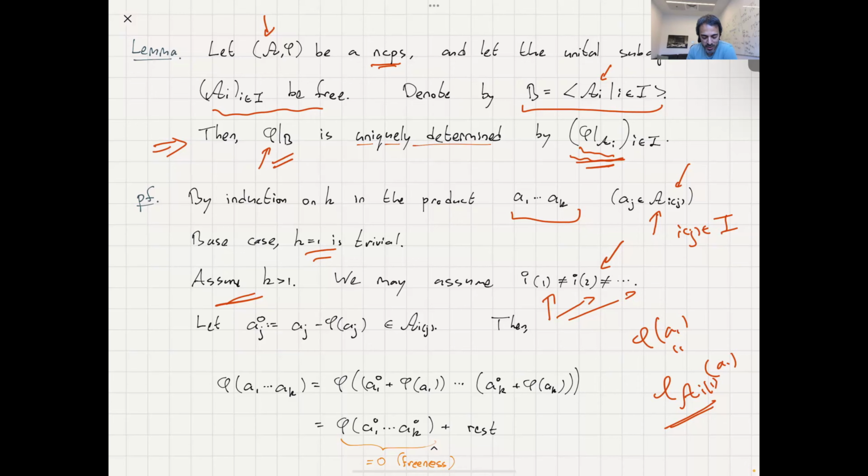So for any j between 1 and k, we are defining this a_j, so it's not a_j to the 0, which is 1, just a notation, a_j centered to be a_j minus the expectation of a_j according to the corresponding phi. So this is phi, but it's also phi restricted to A_{i_j}, right? So you can use this projection.